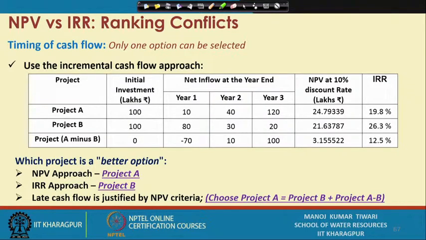In the earlier example, we considered two projects with different initial investments. Now, let us consider two projects where the initial investment is the same. We have project A and project B, both having the same initial investment of 100 lakh rupees. What is different here is the timing of cash flow.